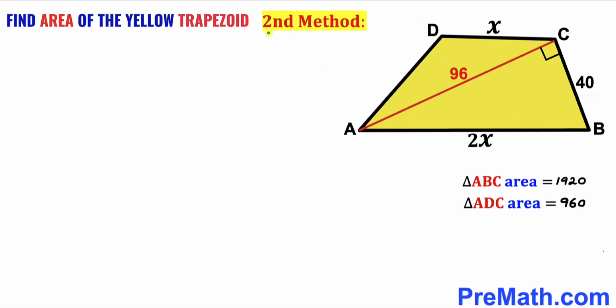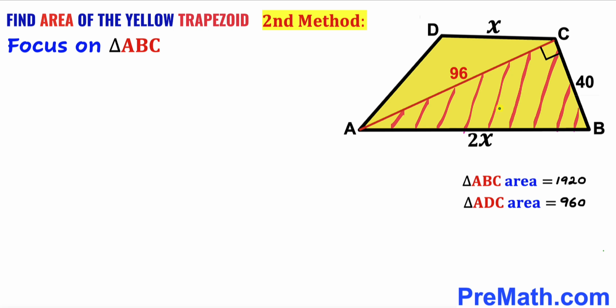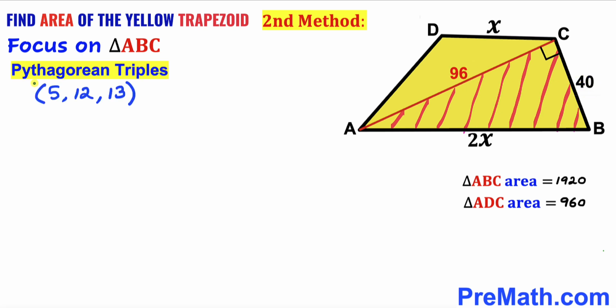And now I'm going to show you the second method. And now let's focus once again on this right triangle ABC, whose side lengths are 96 and 40. And now let's recall the Pythagorean triplets 5, 12 and 13. If I multiply all these numbers by 8 across the board, then our new set of Pythagorean triplets is going to become 5 times 8, which gives us 40, 12 times 8 is 96, and finally 13 times 8 is 104.